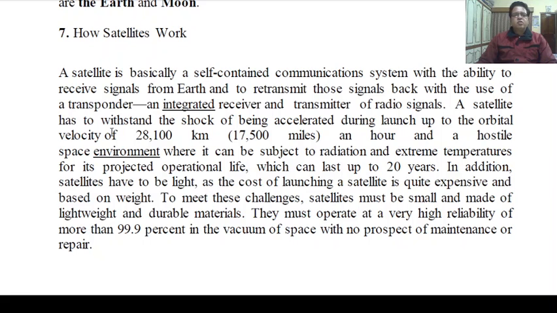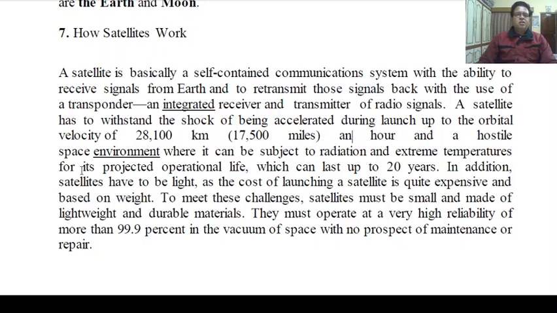A satellite has to withstand the shock of being accelerated during launch up to the orbital velocity of 28,100 km an hour, and a hostile space environment where it can be subject to radiation and extreme temperatures for its projected operational life, which can last up to 20 years.